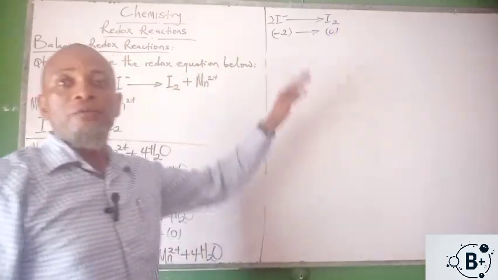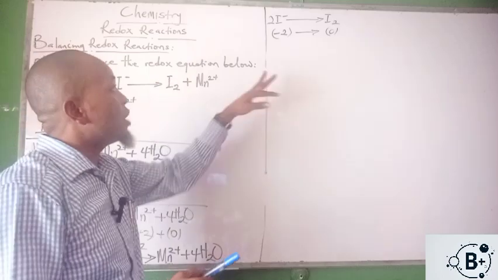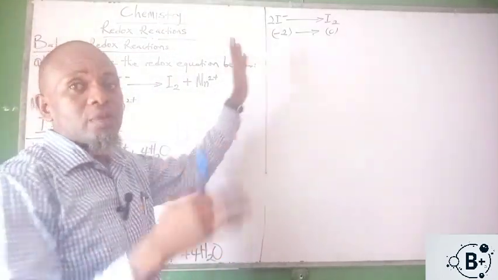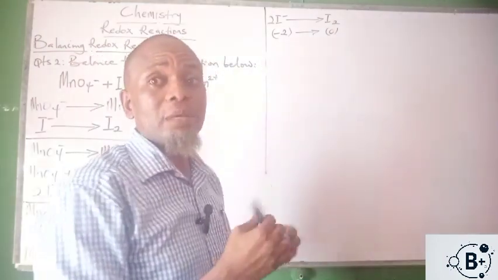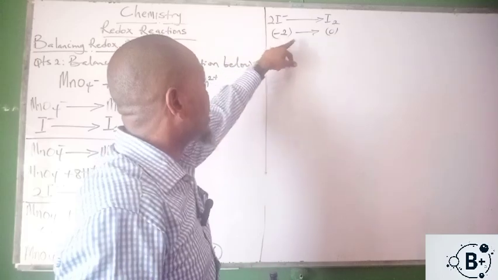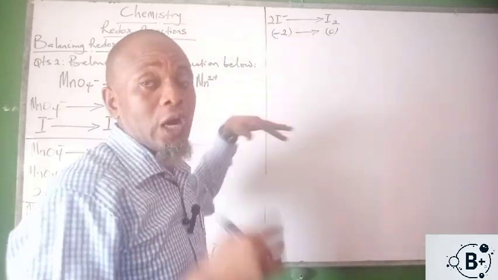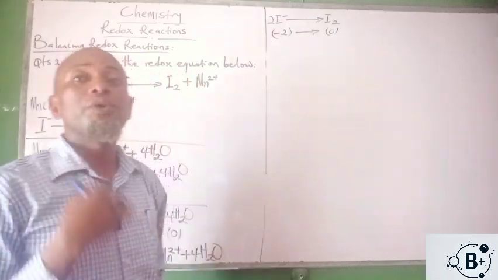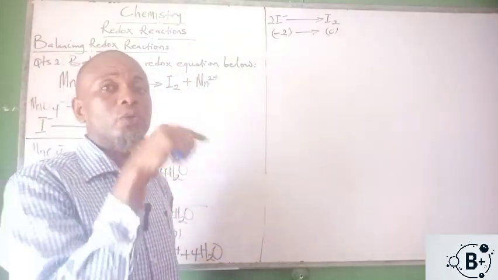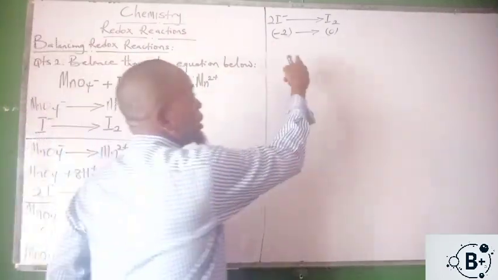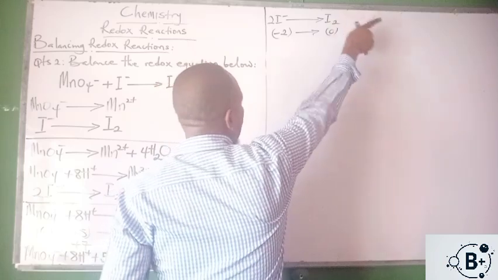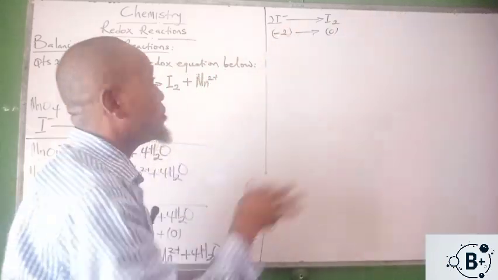Where some students may have some confusion is minus 2 and 0. In mathematics, we know that 0 is bigger than minus 2. When we are balancing charges, we add the electron, e minus, to the side with the higher number of charges. So it means that this right hand side is the one that has the higher charge now.